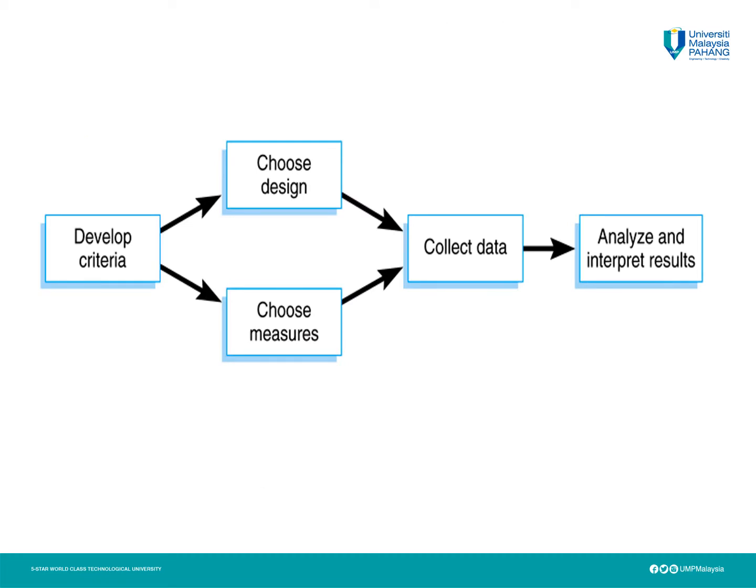Okay, so here we can see this figure is the steps for doing the evaluation of the training programs. The first one, we have to develop criteria based on the previous criteria that I have explained before, and then we choose how we design the method, and what kind of measurement type we choose to measure the evaluation rate.